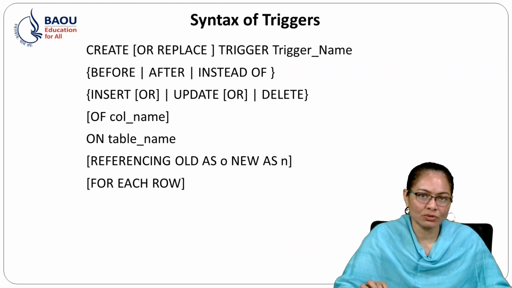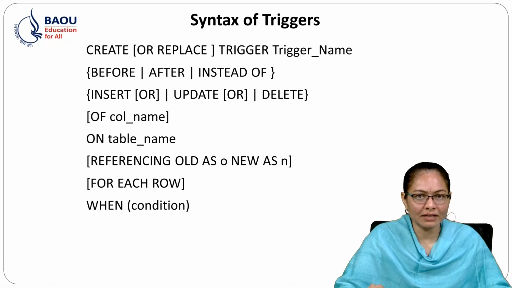Now for each row, this is used only when we create a row level trigger. This is used to fire the trigger when each row gets affected, that is a row level trigger, or just once when the entire statement is executed, that is a statement level trigger. Now the when condition.